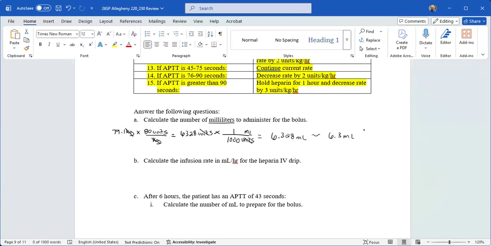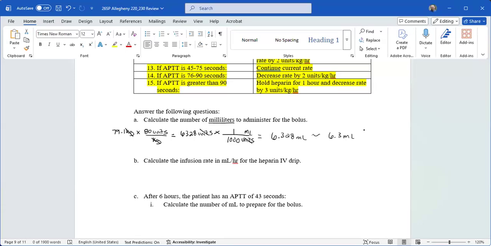Are there any questions on how I got to 6.3 milliliters? And again, if there are questions, please stop me and let me know.